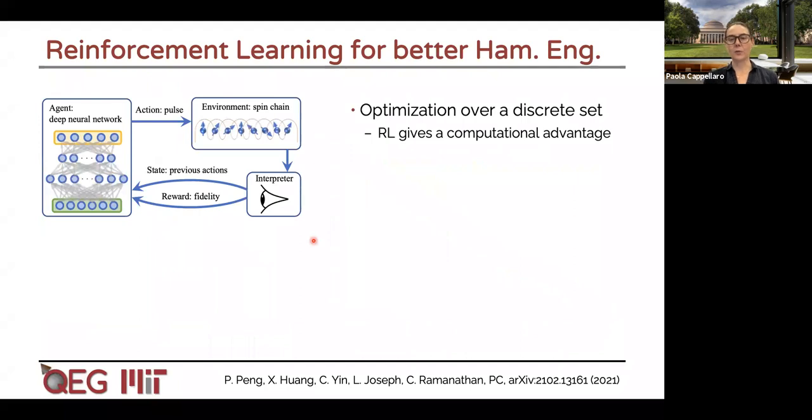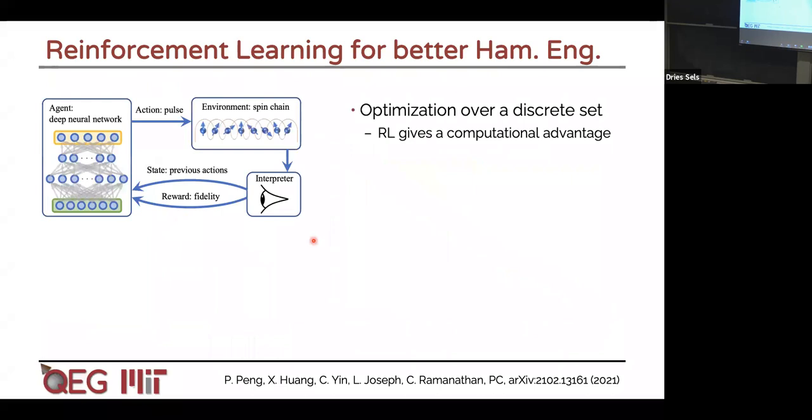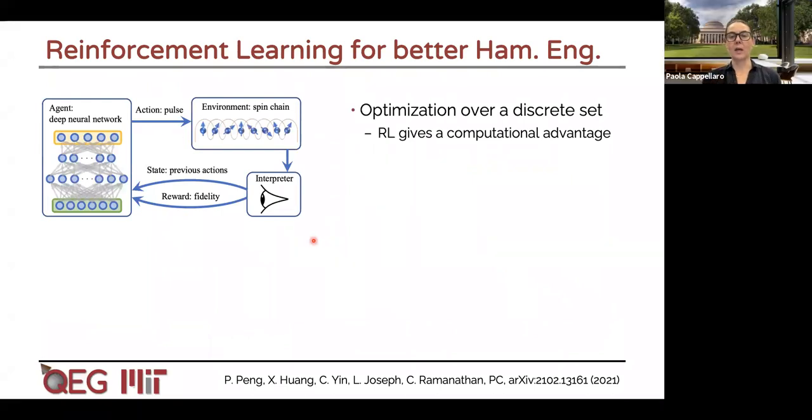Another thing that we did was, again, to do an optimization over a discrete set. And so typical gradient algorithms are not so good at that. So we used reinforcement learning to try to find, again, optimal sequences. What we did was to train a deep neural network.